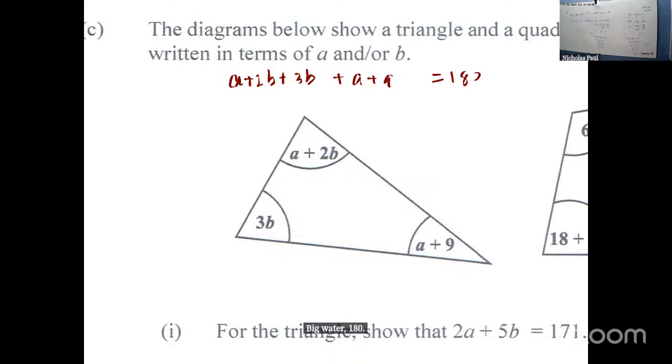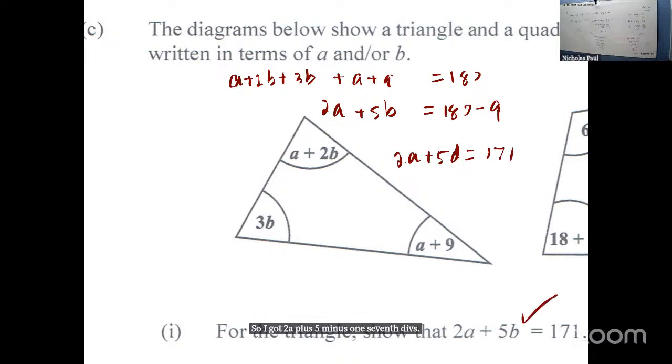And I am getting 2A plus 5B equal to 180 minus 9. So I got 2A plus 5B is 171. That's okay? You can write QED.